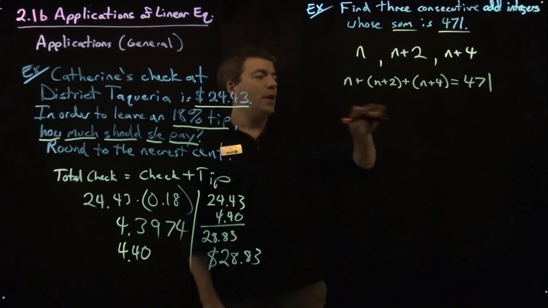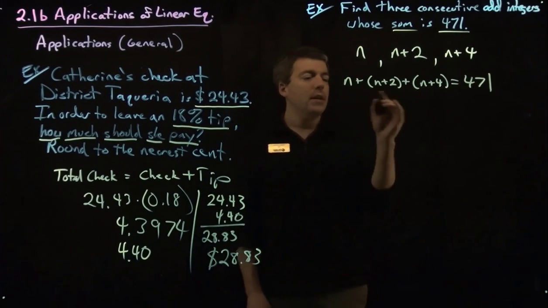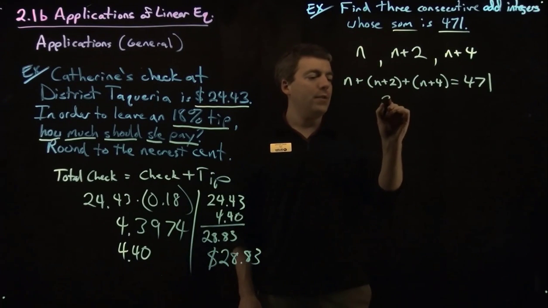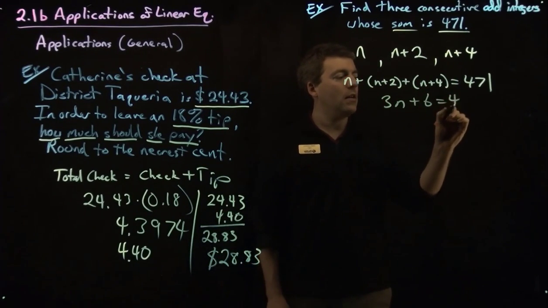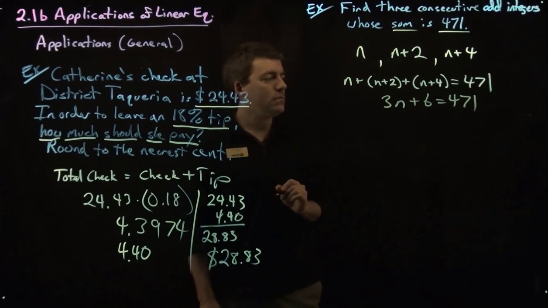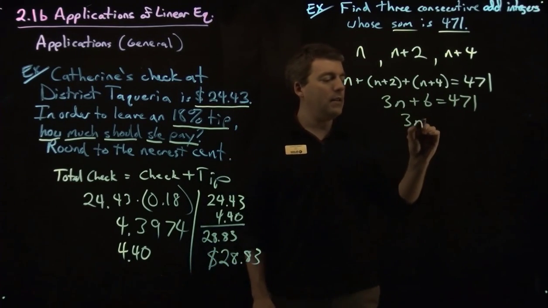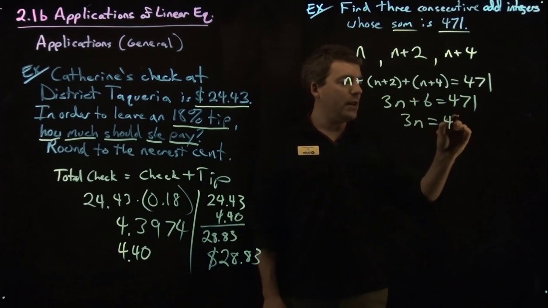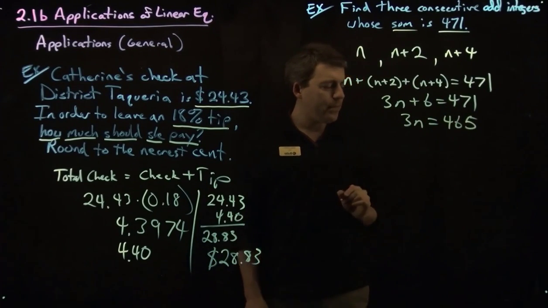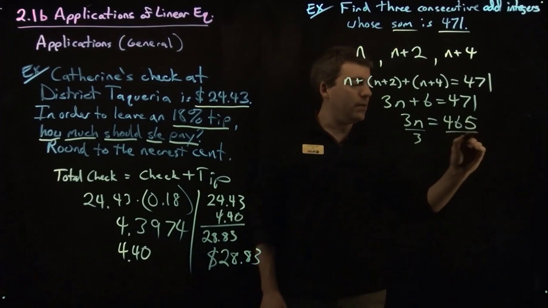Okay, well, all we need to do now is solve this for n. We have n and n and n, that's 3n, and then 2 and 4 make 6. Right, so 3n, we'll subtract the 6, is going to be 465. And then we'll divide by 3.